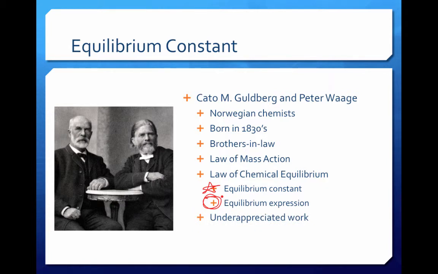The work that they came up with, this equilibrium idea, was definitely underappreciated at the time. This is because scientists really didn't know what to do with this at this stage in the game. It wasn't really applicable yet. However, despite being underappreciated, they're certainly appreciated now. Both of them were considered to be very successful chemists, and they were very highly regarded by their peers for the work that they were putting forth into the world.